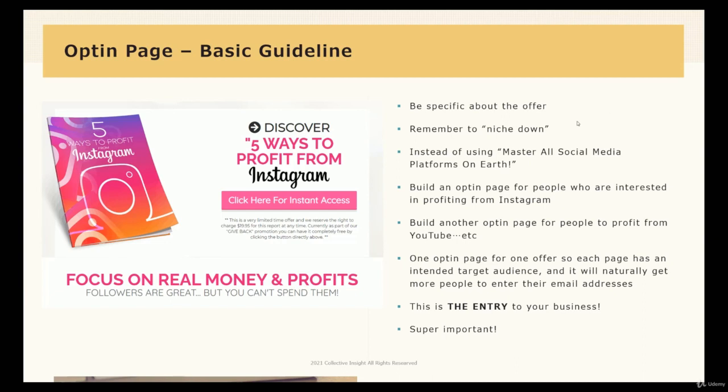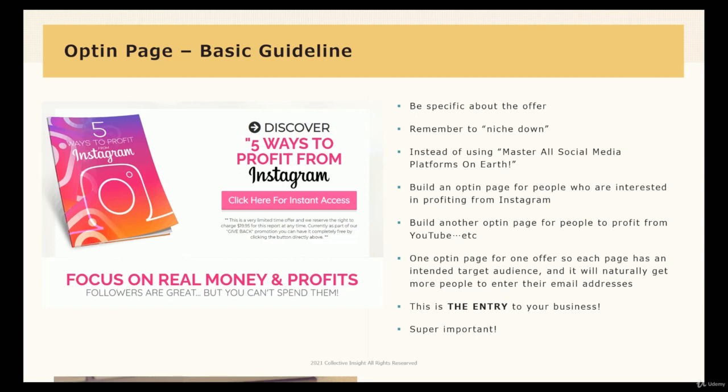So instead, what you should be doing is create an opt-in page for people who are interested in profiting from Instagram, like what I'm doing right now in this example, and build another opt-in page for people to profit from YouTube, for example. So instead of one opt-in page that can master all social media platforms, you build multiple, okay?